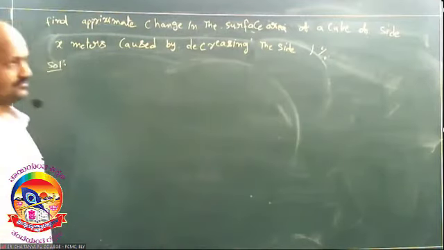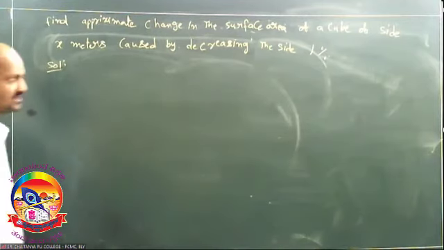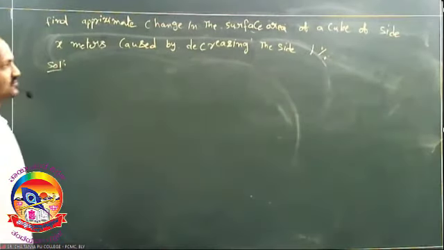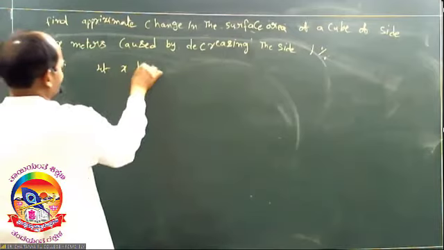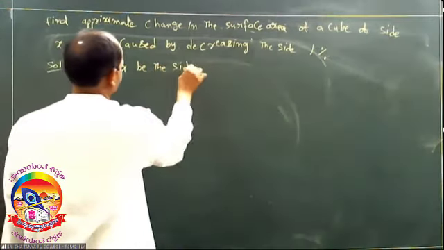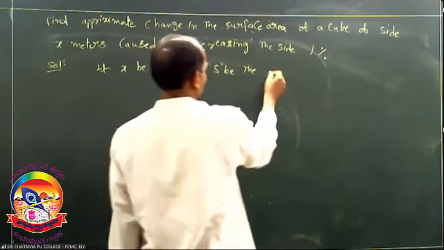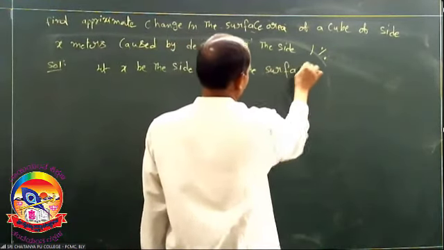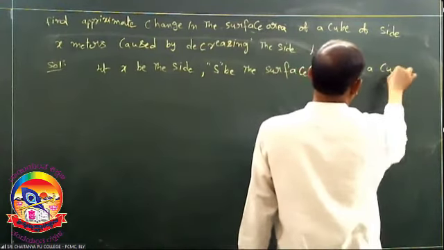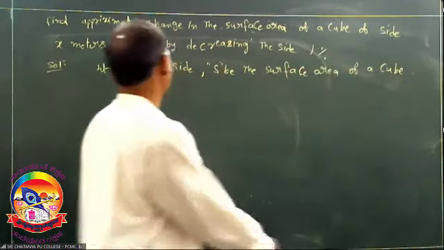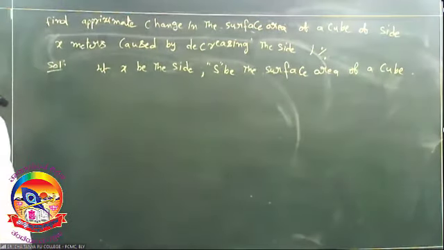Previous one was volume; here it is surface area. The surface area of a cube is 6x². Let x be the side and S be the surface area of a cube.